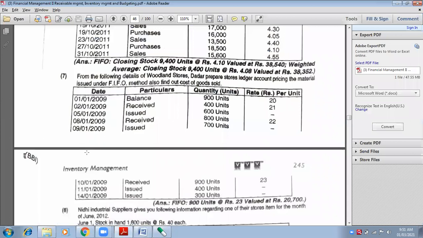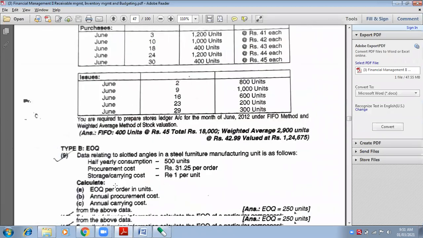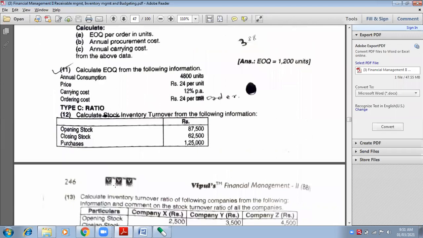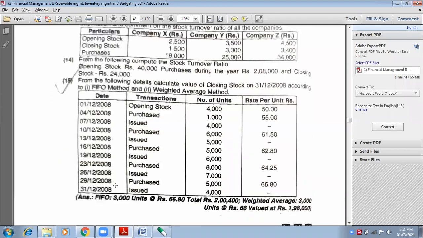Okay, now let us quickly start with another question. This is the 15th sum. Tell me now, do you want to do FIFO or weighted average? Which method do you want to do?